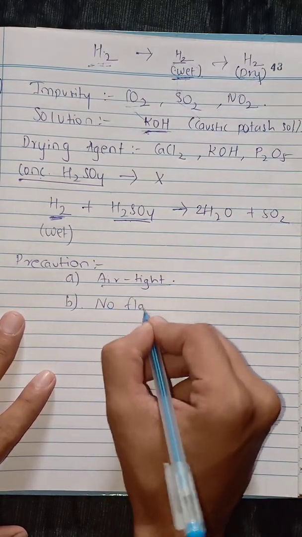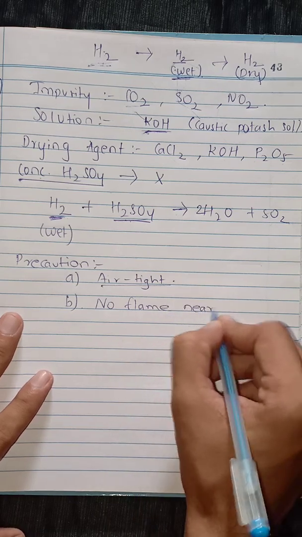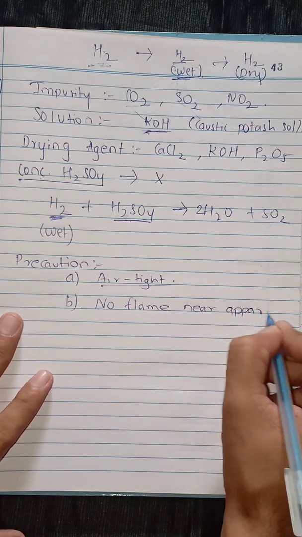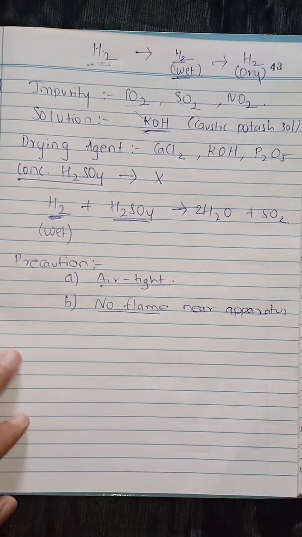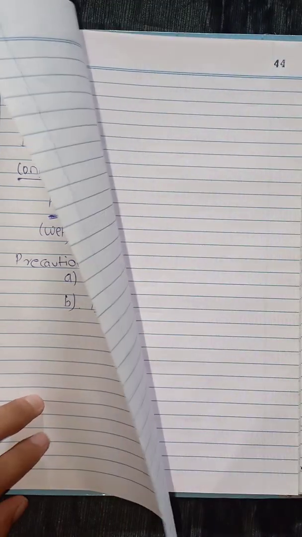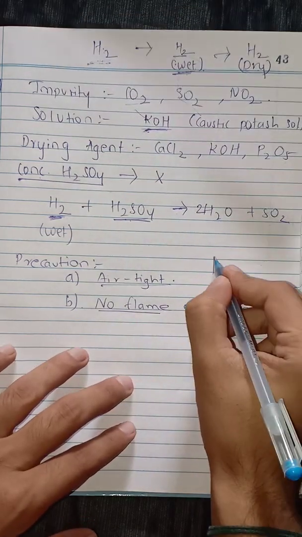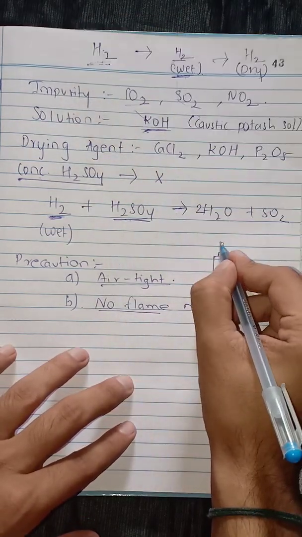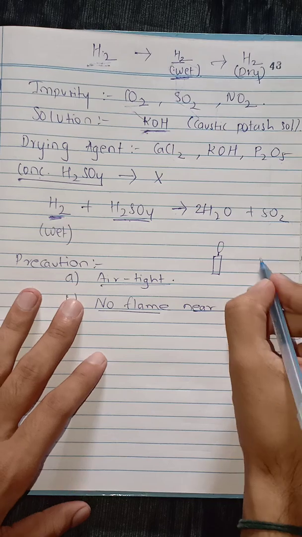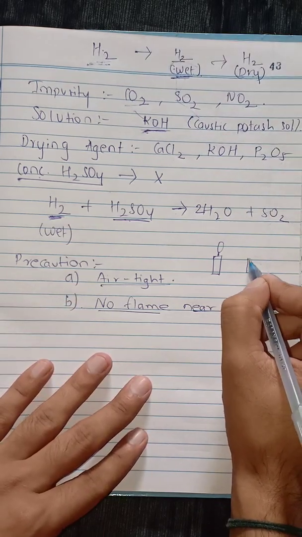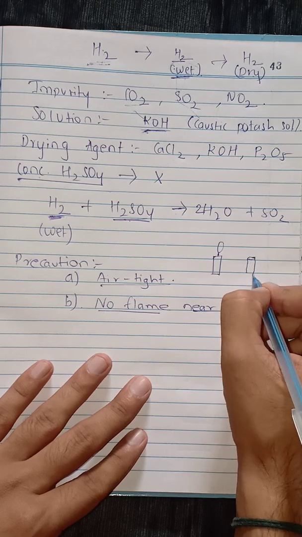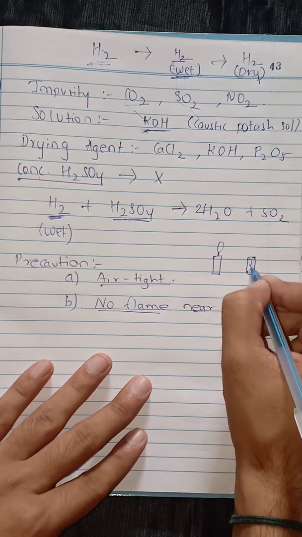No flame should be near the apparatus. Why there should not be any flame near the apparatus? Because it is a very common reason. Suppose this is a candle, and suppose in this test tube there is the hydrogen gas.